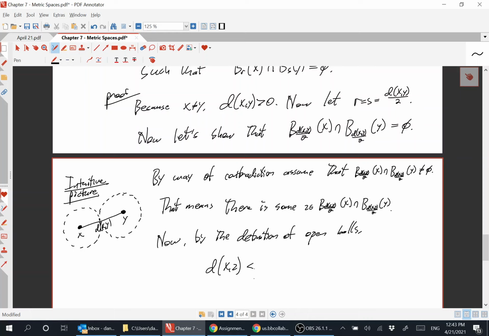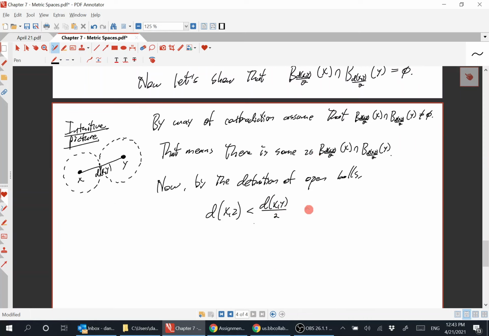What's that radius? The distance from x to y divided by 2. Distance from x to y over 2. And the distance from y to z, or z to y, do it this way, is again less than the radius, which is the same.